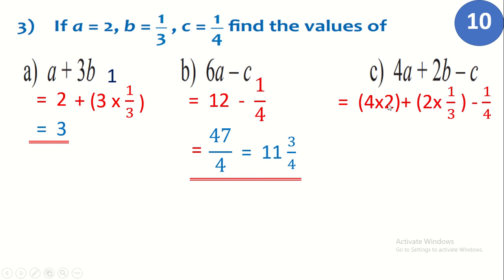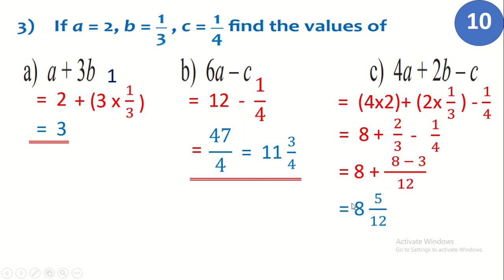Now you have 8, 2 times 1/3 is 2/3, and then 8 minus 3/12. The answer is 8 and 5/12. Students, this is your answer: 8 and 5/12. Please check your answer, students.